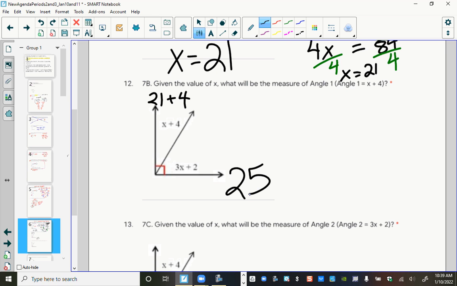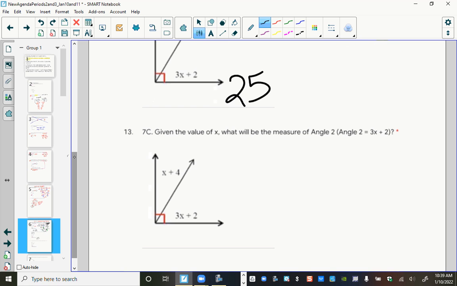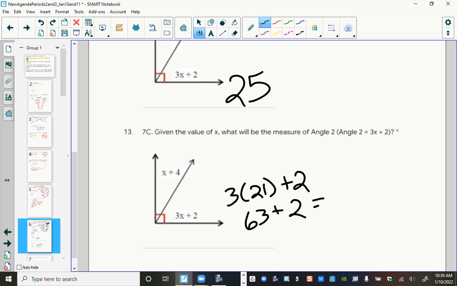So we got 25. And really, since they were complementary, you could have done it one of two ways. The quickest way, 3 times 21 plus 2, which is 3 times 21, 63, plus 2 is 65.